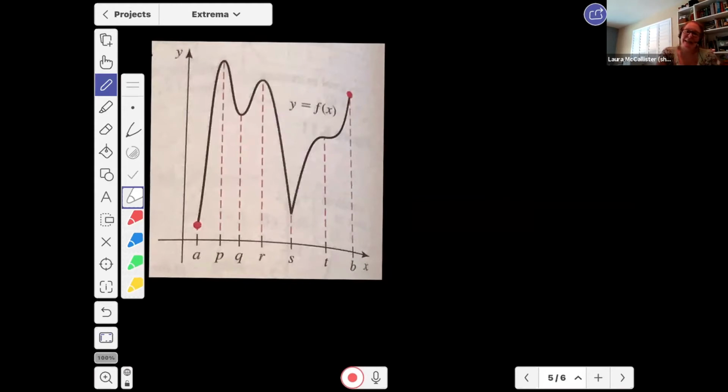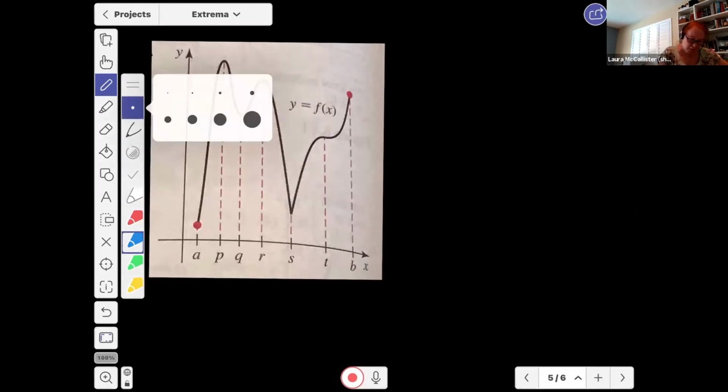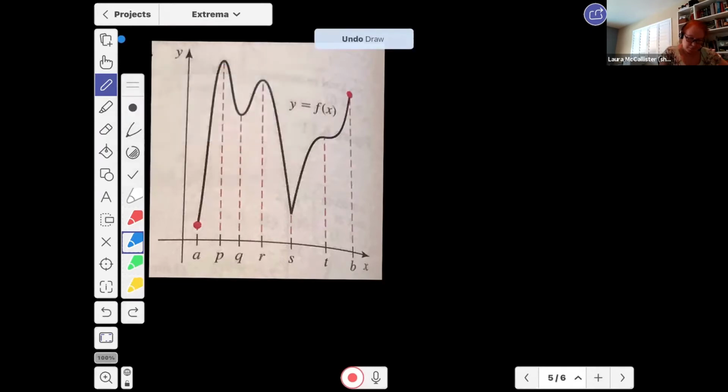Gino, that is exactly the point of this question. So if I look at the slope of the tangent line here, it is 0, 0, 0. So those are all fine.